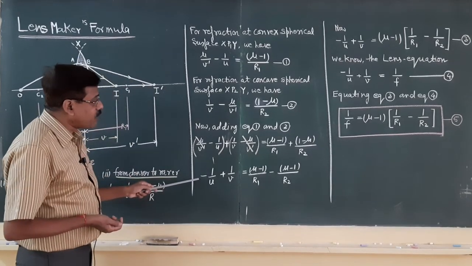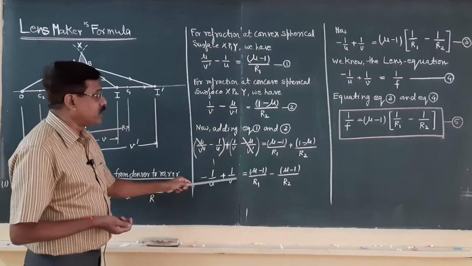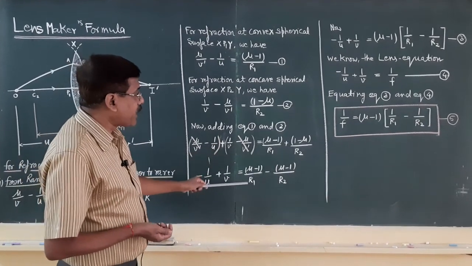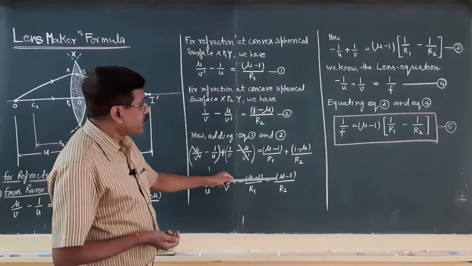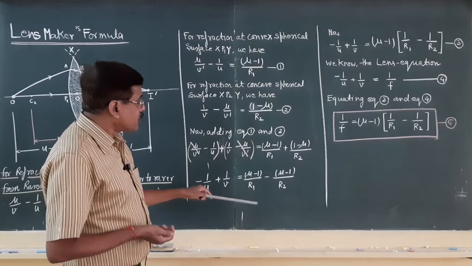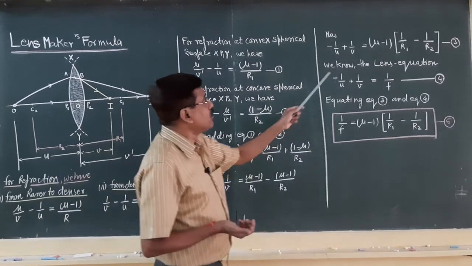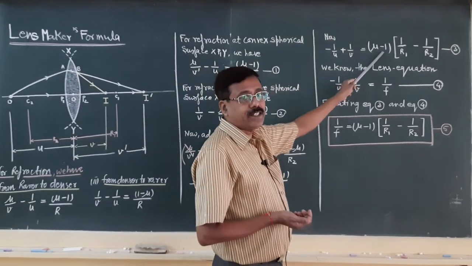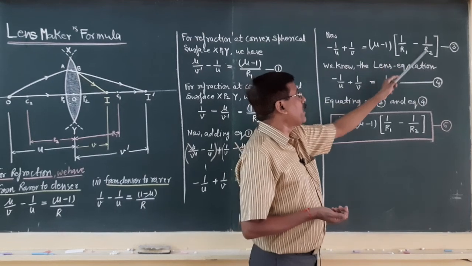So, on the left side we have minus 1 by U plus 1 by V is equal to the first term as it is. In the second term, if you take the minus sign common, in the numerator we have mu minus 1 by R2. So, on the right side mu minus 1 is common in both terms. So, we take mu minus 1 as common, and in the bracket we have 1 by R1 minus 1 by R2.